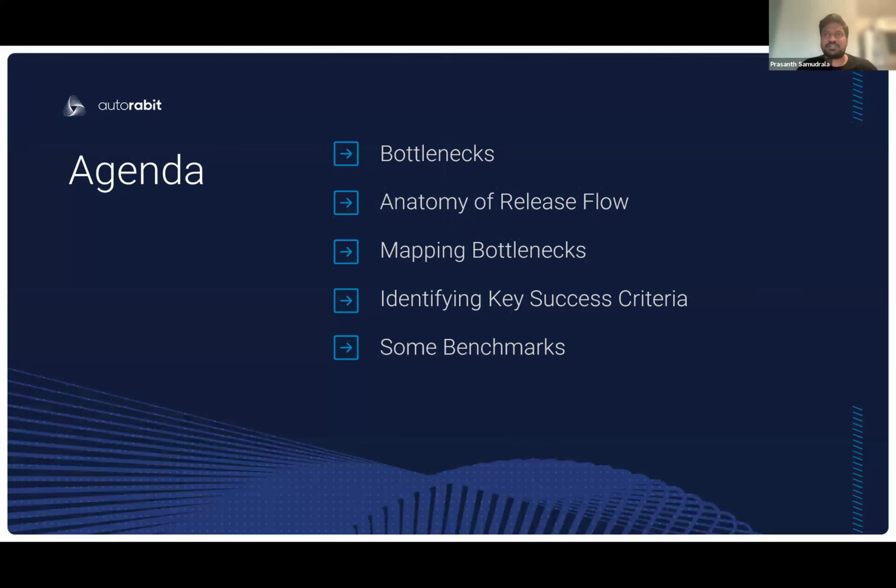We learned that the traditional Git flow doesn't directly translate to Salesforce. So we'll be breaking down the anatomy of that release flow, or the anatomy of the Git flow. We'll be talking about how we can map bottlenecks, and about identifying the key success criteria, or key benchmarks, that you should be looking at. I'll give you some examples that you can take away after this webinar and start implementing in your projects at your enterprises.